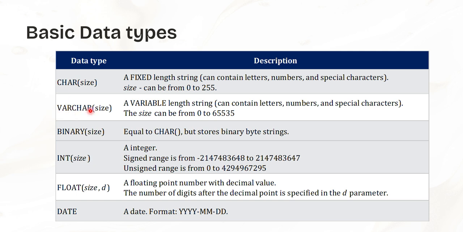Varchar is also a kind of characters or words. It's a string, to be precise, and it takes a size of up to 0 to 65,535. That is the length of characters a user can enter when it is defined as varchar.